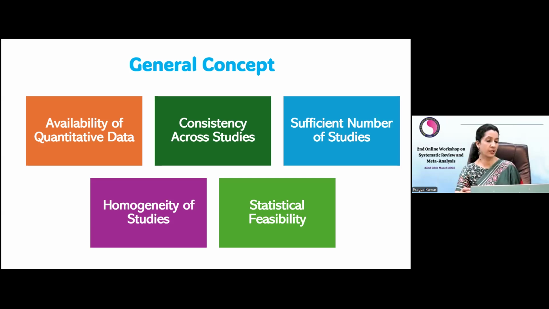Regarding the homogeneity of studies, if you see the value of I square and the studies are homogeneous, that means less than 75%, we will see these objective criteria. And then the statistical feasibility: whether you can combine all those different measures, you have to convert everything into effect size.